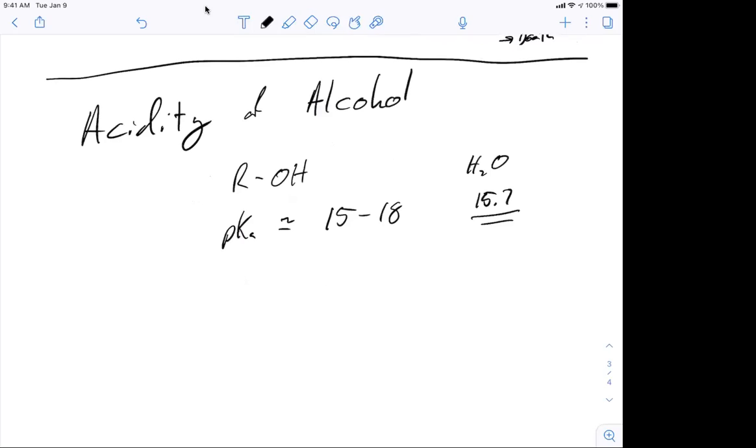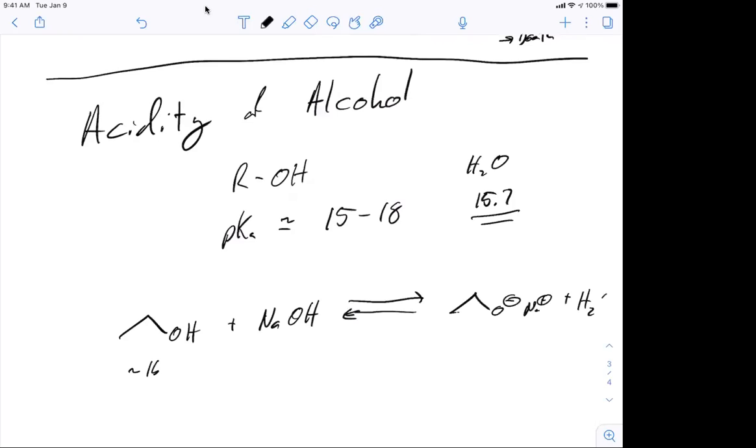So in that range of water. When we look at the main reaction of an alcohol, the main reaction is its acidity, that removal of a proton. And so when we think about that, we could look at a pKa here of 16 plus sodium hydroxide, right? And what we end up with is an equilibrium process, right? Because we have a pKa here of 15.7.